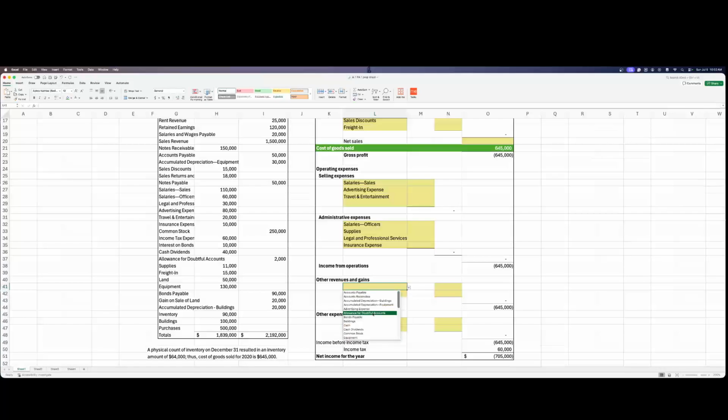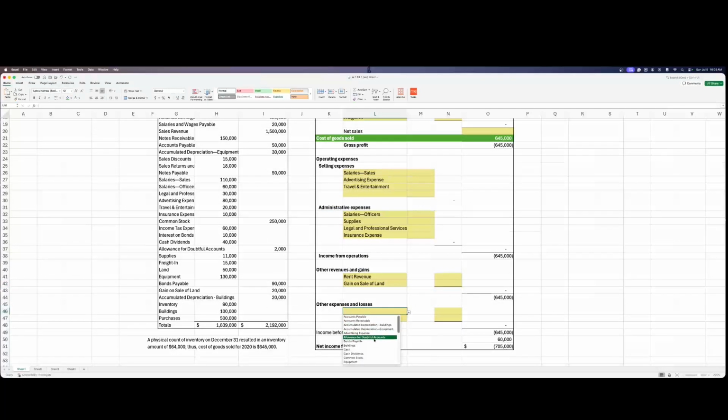So then if there's going to be some type of other revenues, most likely rent revenue, and if there's a gain on sale of land or equipment, for example. Other expenses, you're going to have interest on bonds and notes, and the income tax expense.